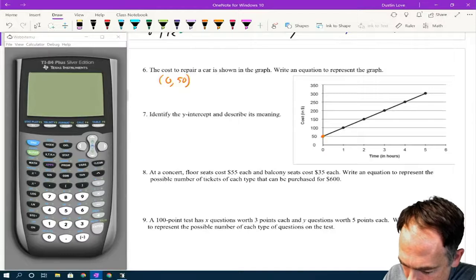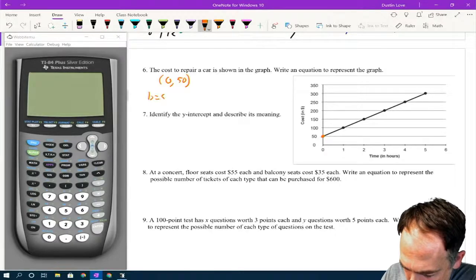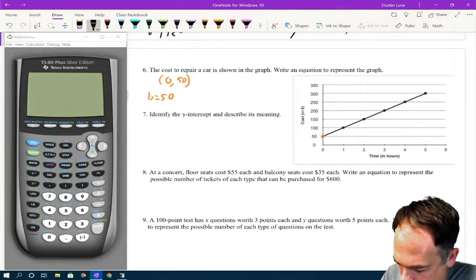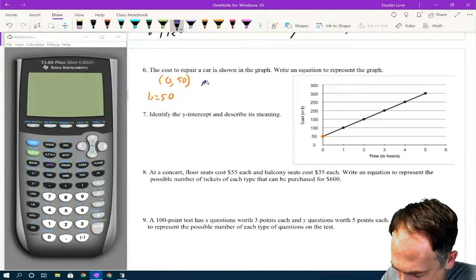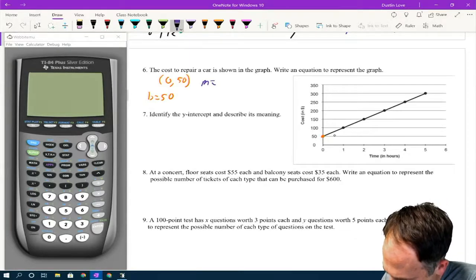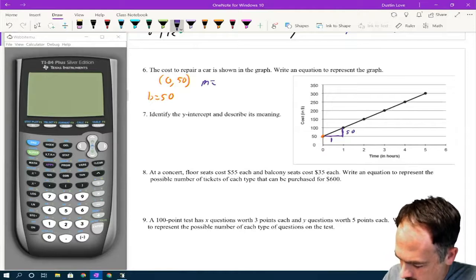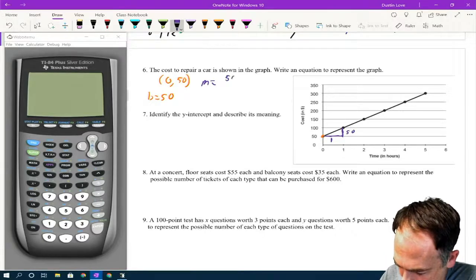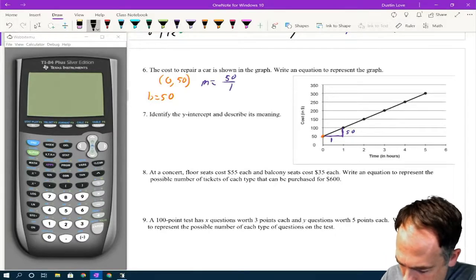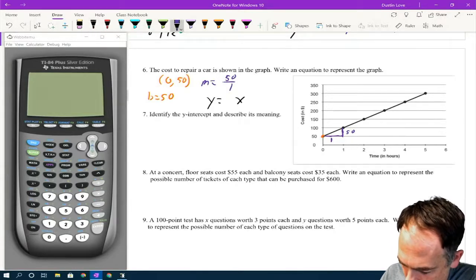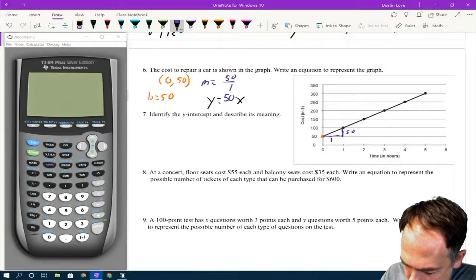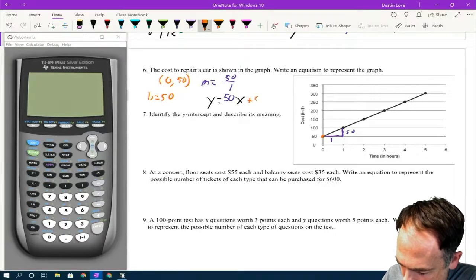So b equals 50. Now my slope is rise and run. So I'm running 1, and I'm rising here from 50 to 100. That is 50. So it's 50 over 1. So the equation of my line, y equals mx plus b, would be 50x plus 50.